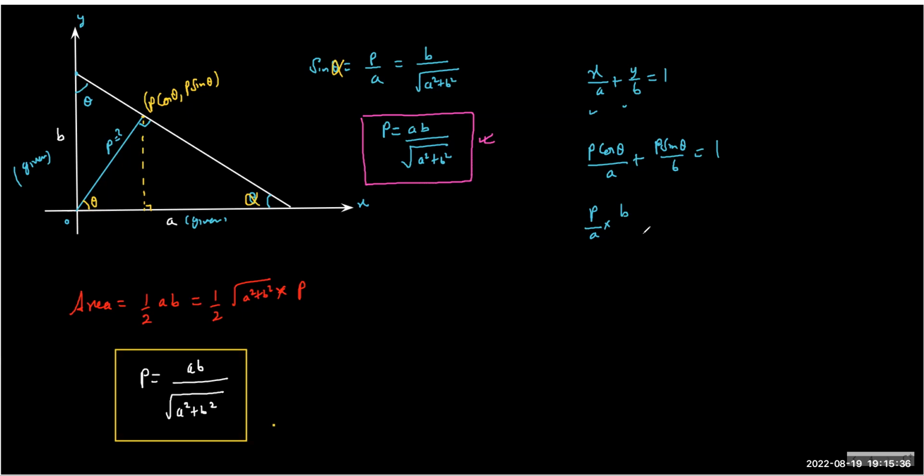B upon under root of A square plus B square. And sin theta is how much? What is sin theta? A upon under root of A square plus B square. Very good. And now I can take something common. So I'm getting B by A plus A by B.